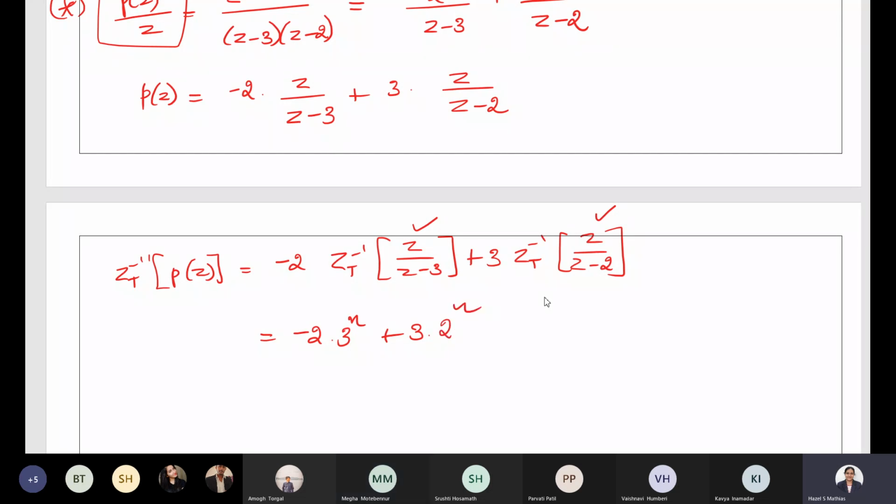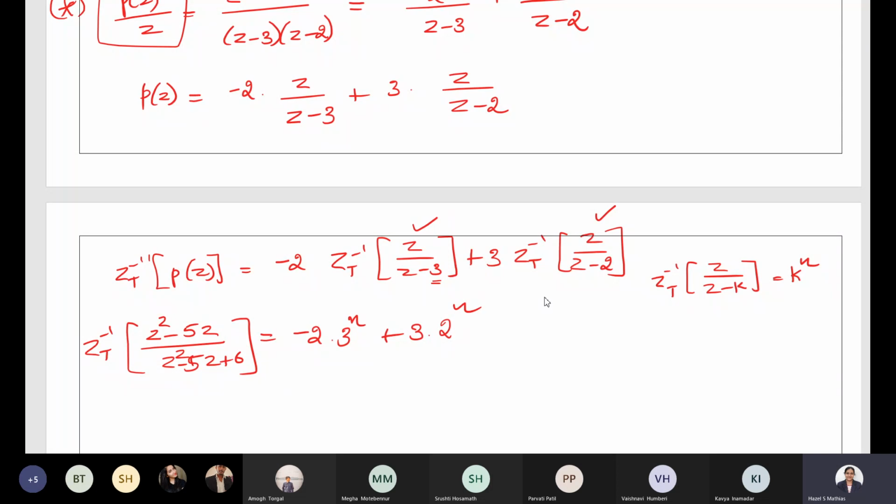So this is the inverse z transform of z square minus 5z divided by z square minus 5z plus 6. Remember, the inverse z transform of z by z minus k is k power n. Here, in place of k we have 3, so it is 3 power n. Here we have 2, that's why it's 2 power n. When you have k equal to 1, it will be 1 power n, which is 1.